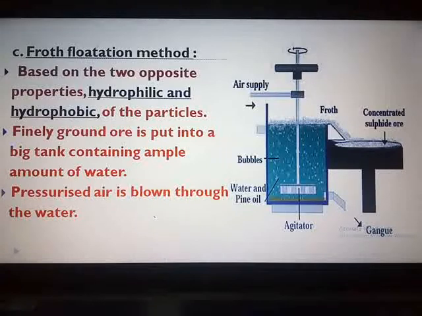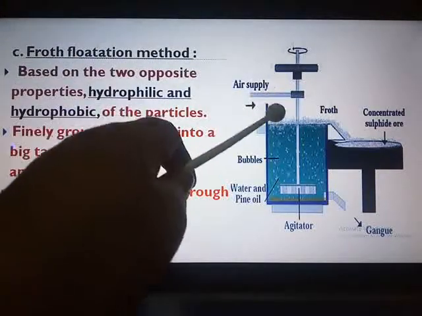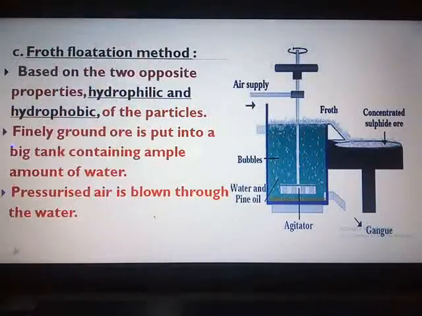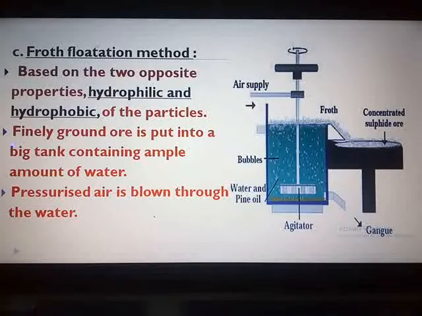How does this method work? Now in this method, if you see, finely ground ore is put in a big tank containing ample amount of water. This is the tank containing ample amount of water. Inside that you are going to put finely ground ore. Then certain vegetable oil such as pine oil or eucalyptus oil is added in the water for the formation of froth.